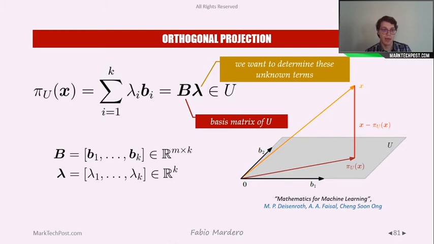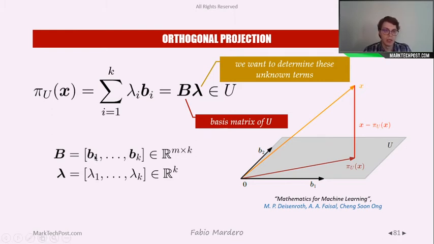The k vectors of the basis, where these vectors lie on U. This linear combination can be expressed, as we have already done many times, as the multiplication between the matrix of the basis and lambda, which is a vector of coefficients.